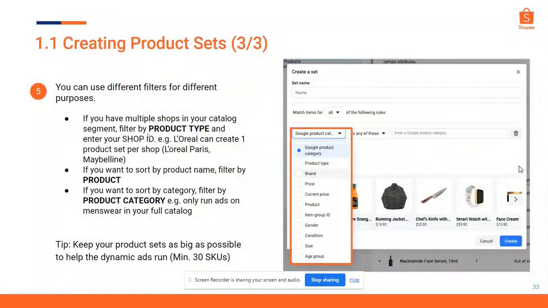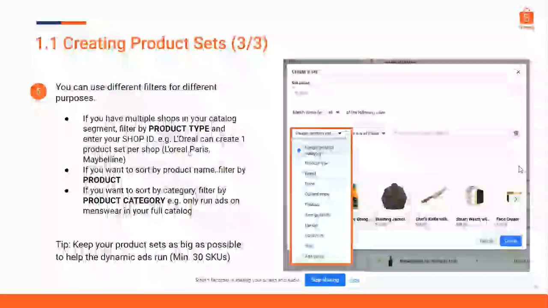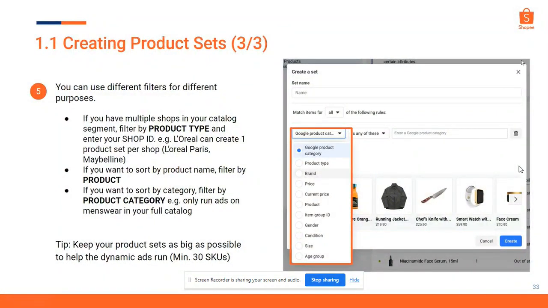For example, you have a few shops: you have L'Oreal, you have Maybelline. You can either type a shop ID, but most of the time we won't remember our shop ID. So what you need to do is filter by product type.